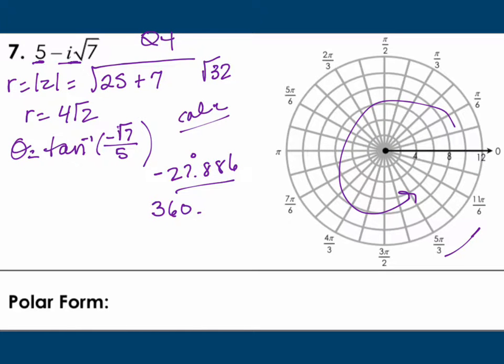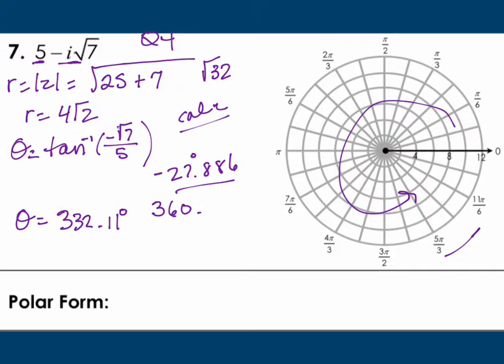And we got 332.1. So we're going to say theta is 332.11 degrees. It also is negative 27.88. I just wanted to use the positive one instead of going backwards with a negative angle.